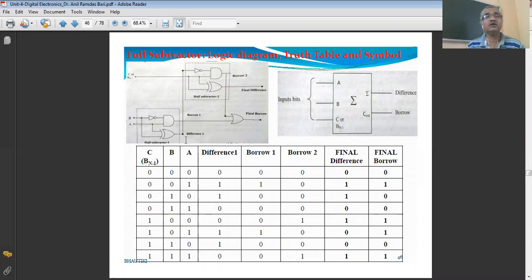Now this difference 1 is applied to the second half subtractor, because we have to again subtract the borrow, if any. So this is the borrow signal, C is 0 here.